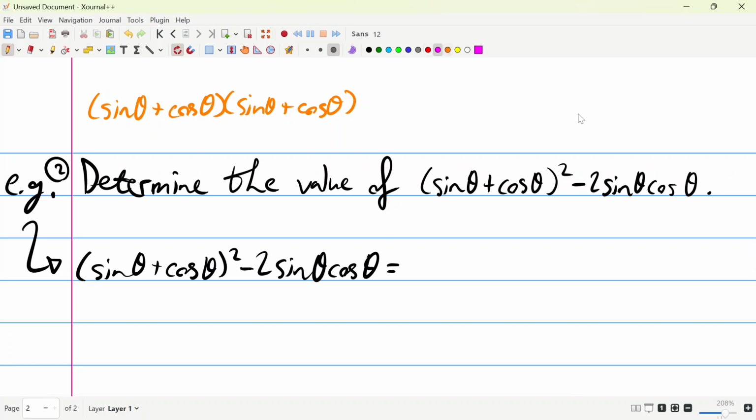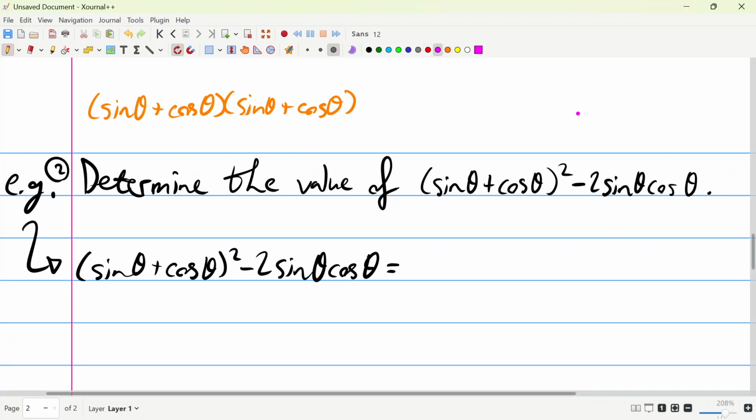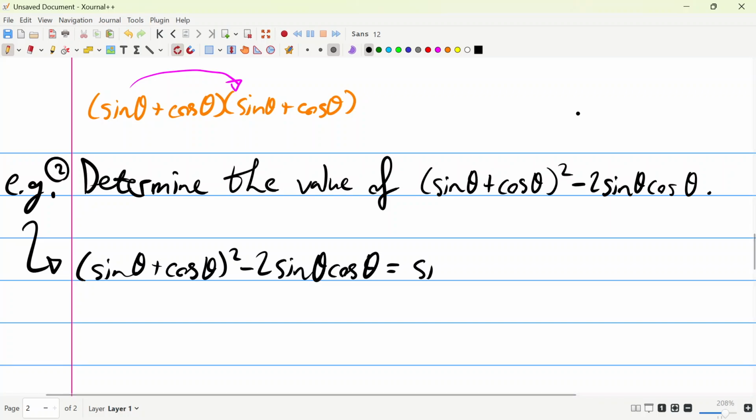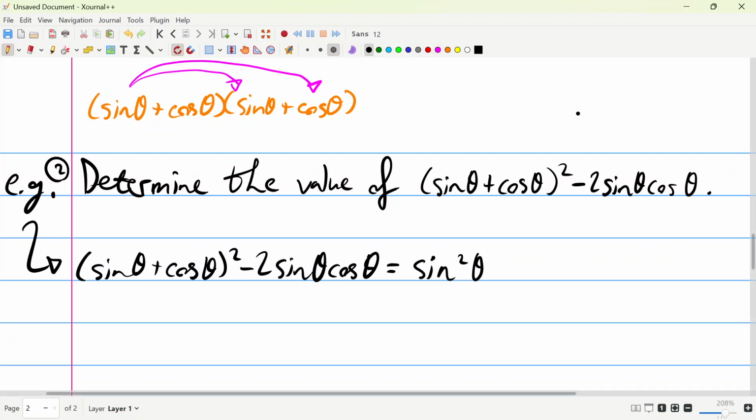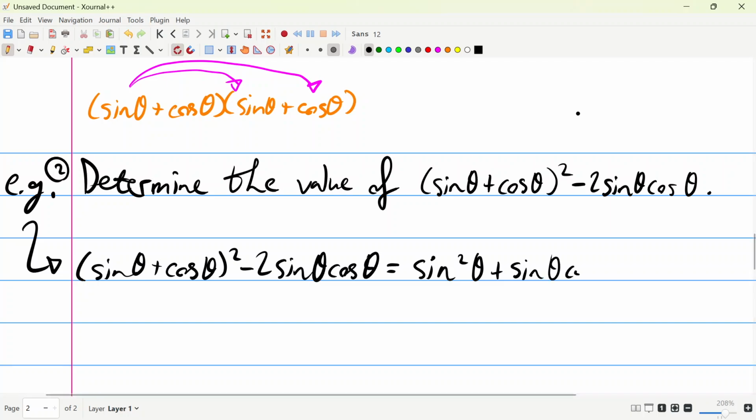Okay, so we need to use the FOIL method. We multiply the first two, so it's going to be sine times sine, which is sine squared theta, right? And then the next one is the outer, which means we multiply the outer values, which is sine and cos. So we're going to say plus sine theta times cos theta.